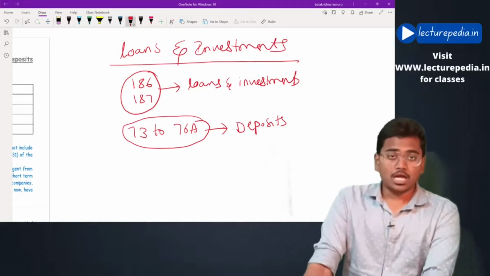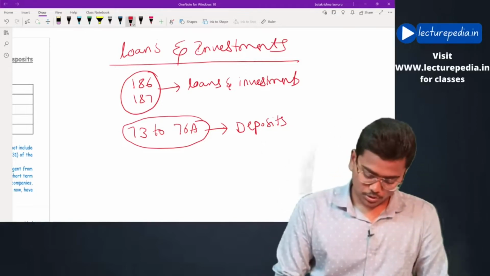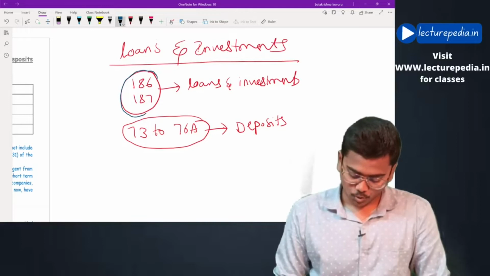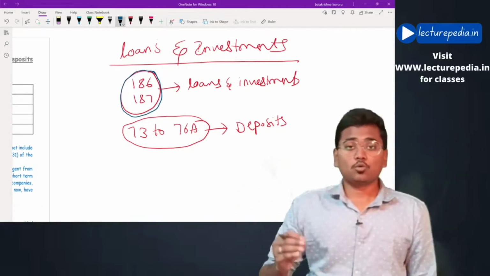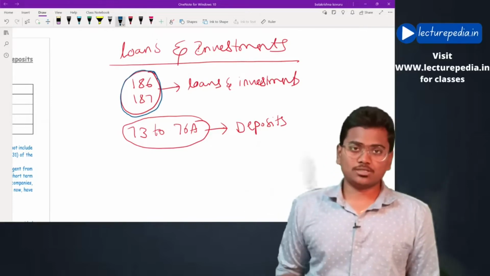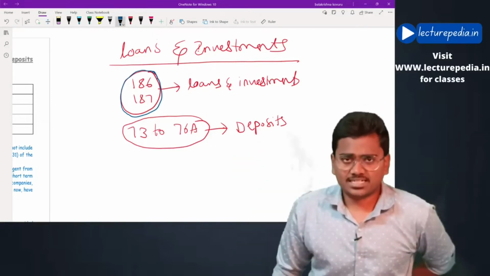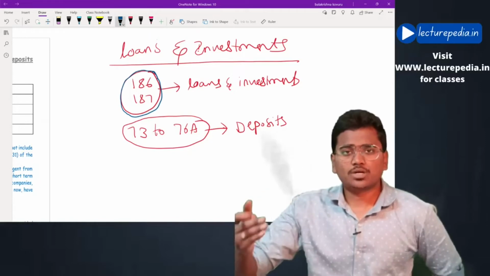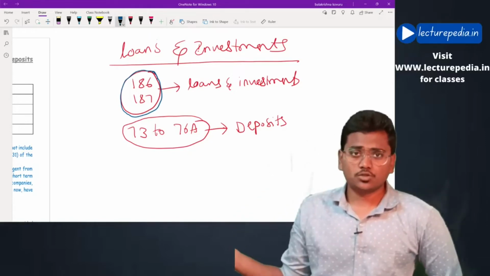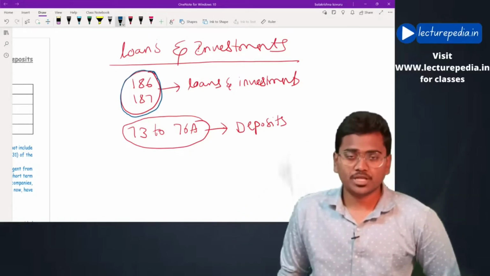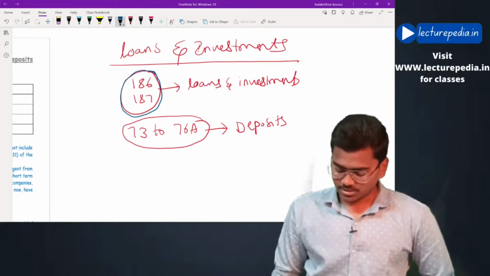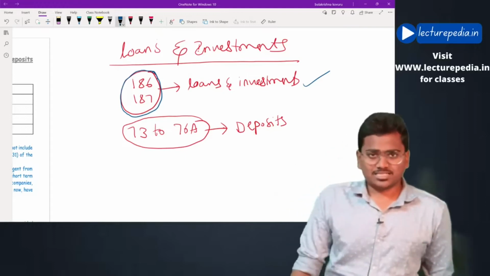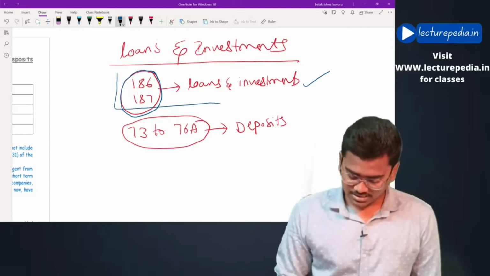Also, these two sections related to loans, you will be able to understand only after you understood the concept of directors, the concepts related to meetings of board, appointment of directors. Only after understanding all those concepts can we discuss these sections. This is a somewhat advanced section, you can say.